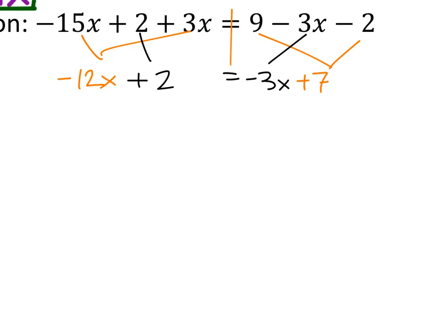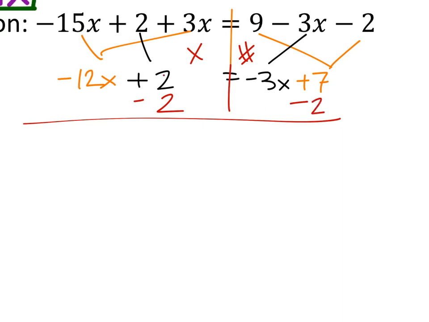So we simplified both sides of the equal sign, which then allows us to choose sides for x. I'm going to put x's on the left, numbers on the right, which means that plus 2 is on the wrong side of the equal sign. So I'm going to have to subtract 2 from both sides to zero that out. We'll drop this negative 12x equals these negative 3x's.